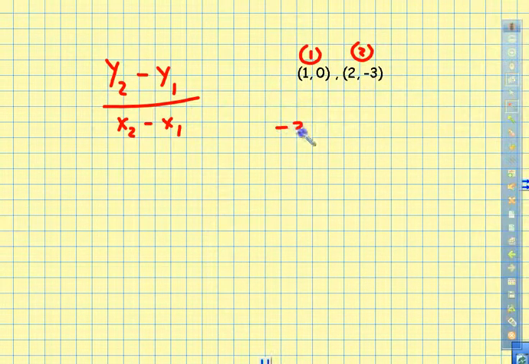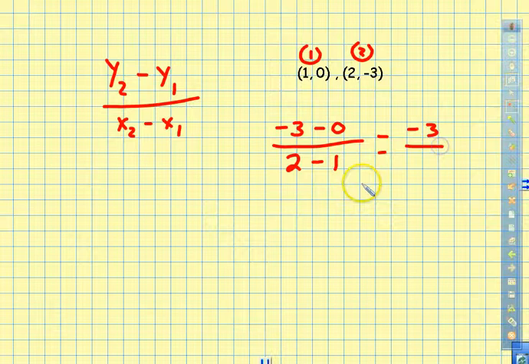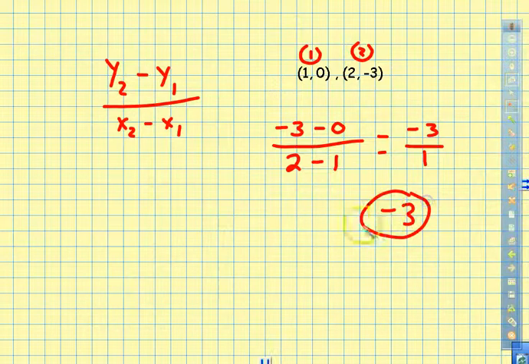So I get negative 3 minus y1 is 0, and then x2 is 2 minus my x1 is 1, and negative 3 minus 0 is negative 3 over 2 minus 1 is 1. So I can leave this as a negative 3 over 1, or you could simply say negative 3 is my slope.